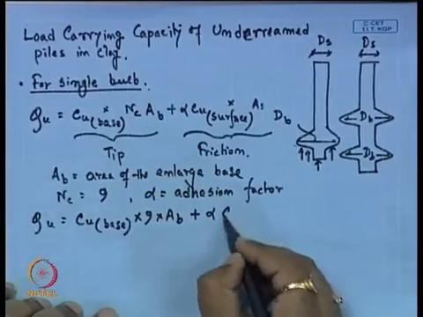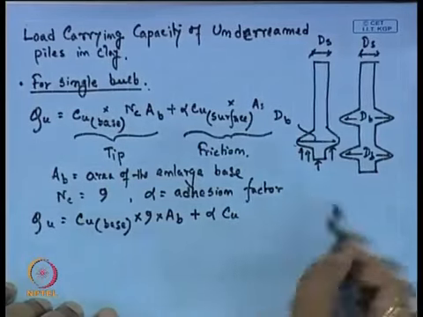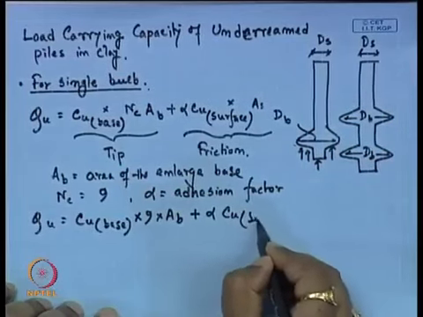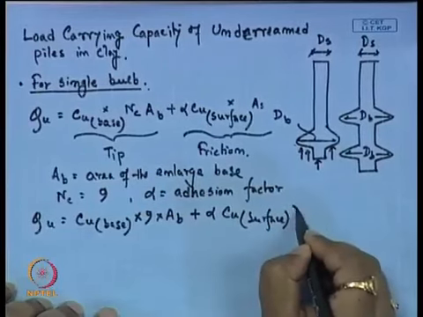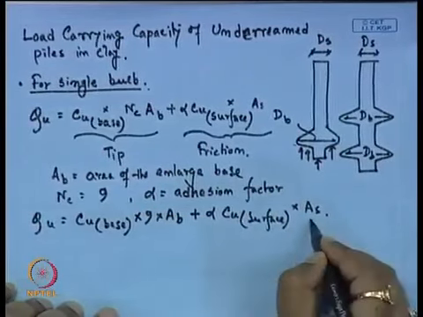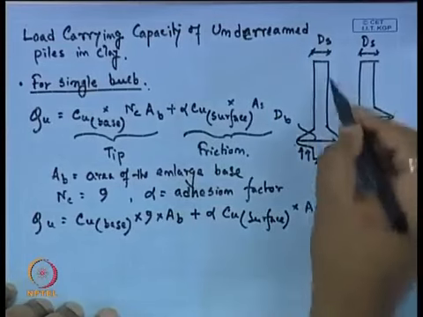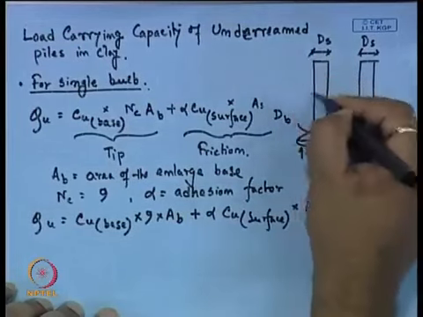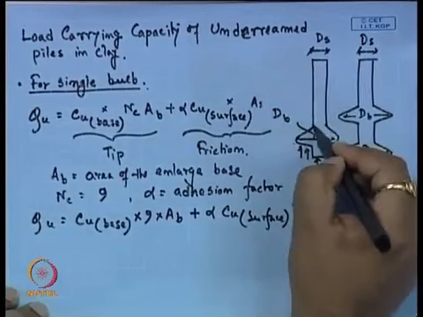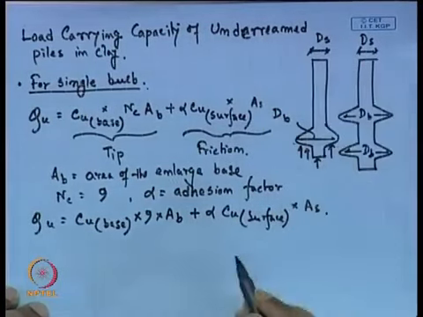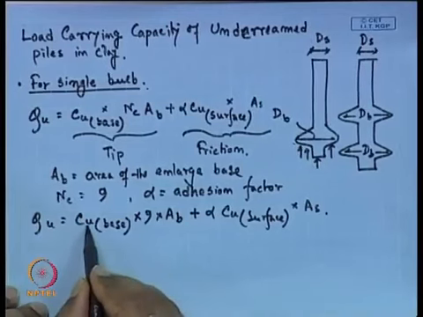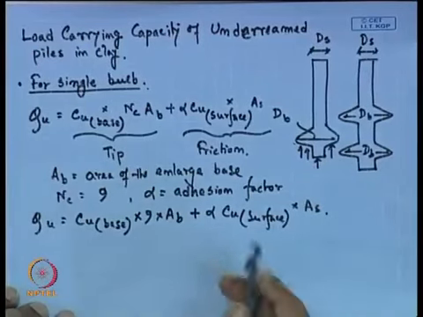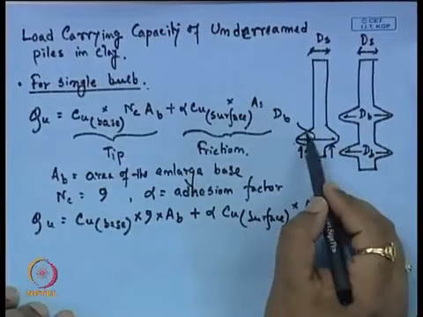Alpha is the adhesion factor, and Cu is the cohesion at the surface level, into As, the surface area of the pile shaft. So, this is the friction portion, the surface area of the shaft, and Cu is the base cohesion and Ab is the area of the enlarged base. So, this is for a single bulb.